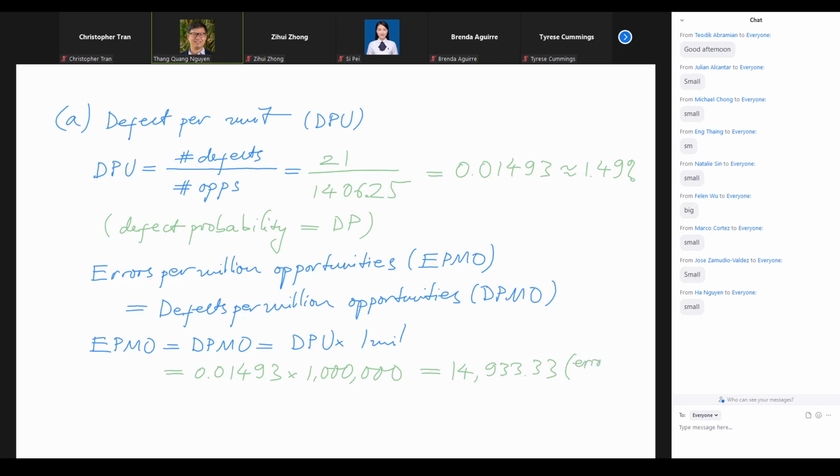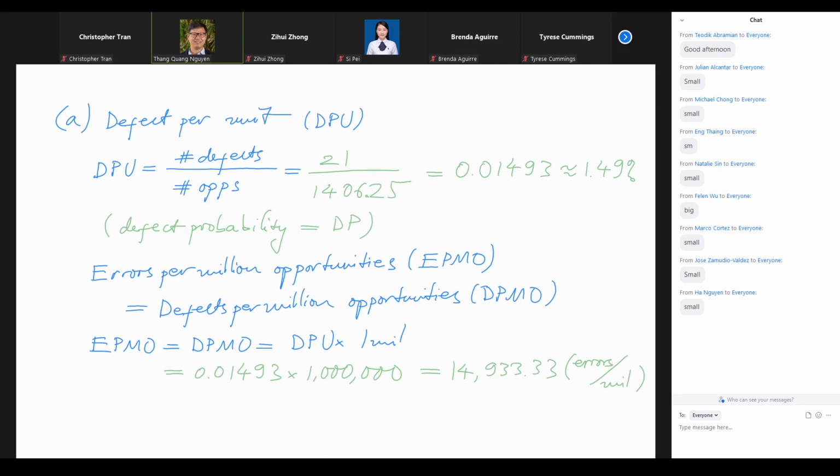So here is the number of errors per million. Think about it, right? If we are producing 1 million light bulbs and nearly 15,000 light bulbs do not light up, for example, then the companies will have to spend a lot of money to fix those light bulbs, or to scrap those light bulbs. Right? It costs a lot of money if we have this number of defects.